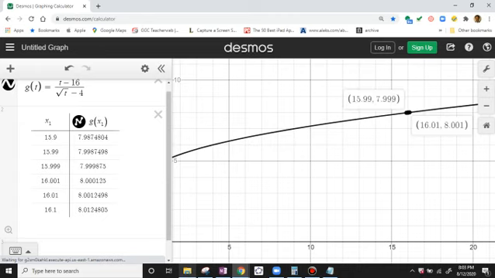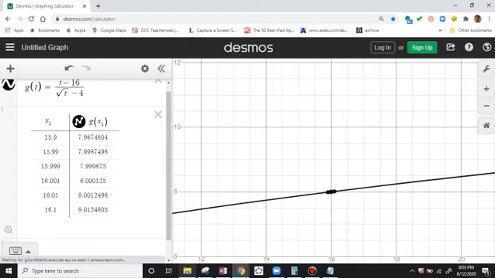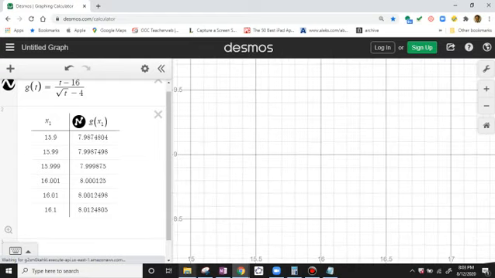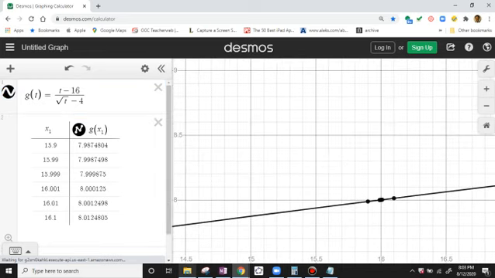And if we go over to the graph while we're here, they plot all the points for you, and it looks like the limit, and we can zoom in, looks like it's getting closer and closer to 8. So we would just put all those answers into MyMathLab.